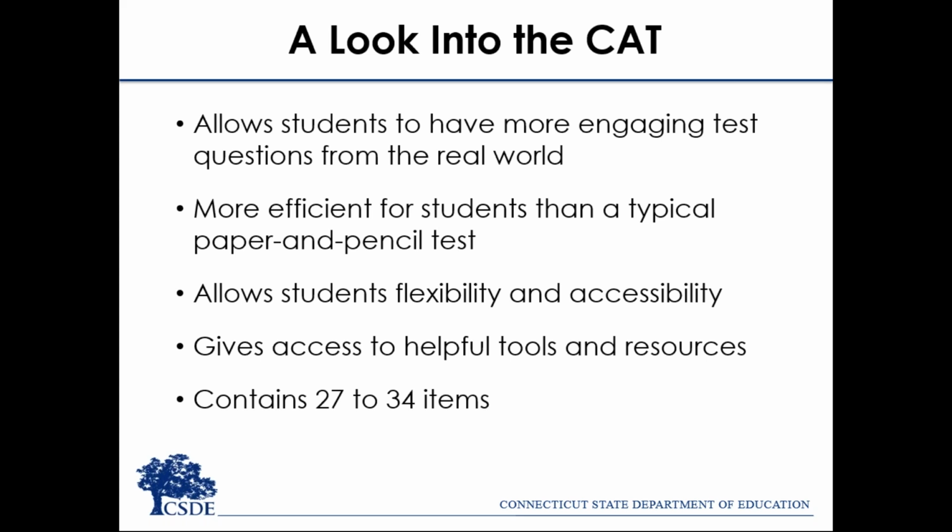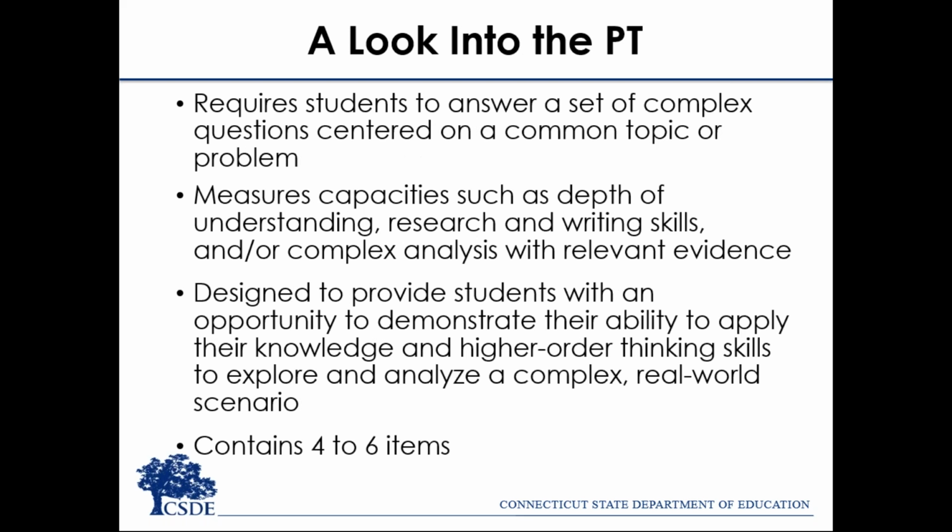There are a variety of accessibility features that are available to all students who take the Smarter Balanced Assessment, as well as additional features that are available to students with special needs. This accessibility gives access to helpful tools and resources while the students are taking the assessment, and the CAT portion of the test contains anywhere from 27 to 34 items.